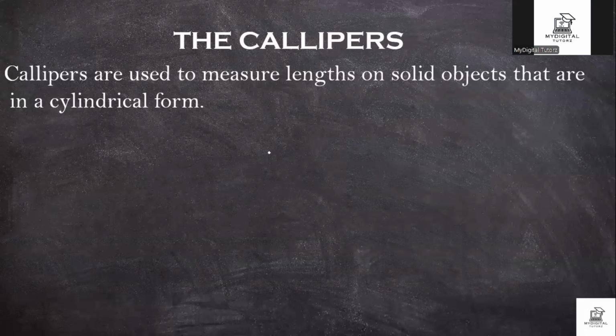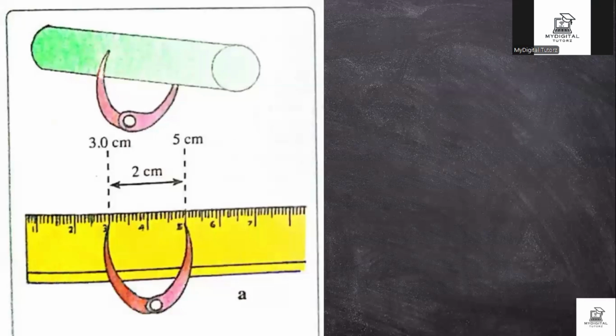The next is calipers. Calipers are used to measure length on solid objects that are in a cylindrical form. For instance, we have something like this. In order to measure the diameter of this cylindrical rod, you mount the two legs of this caliper on touching the surface, then you transfer it down to the meter rule, as it is here in the diagram.